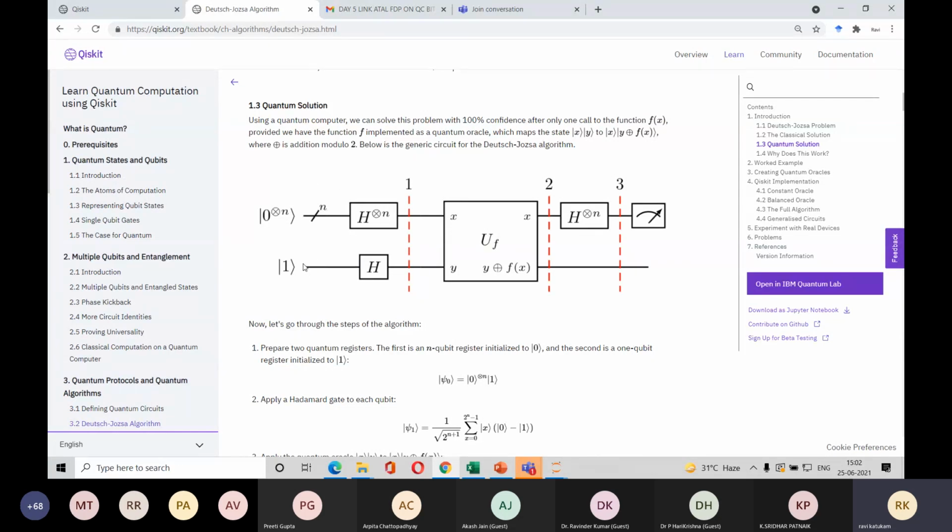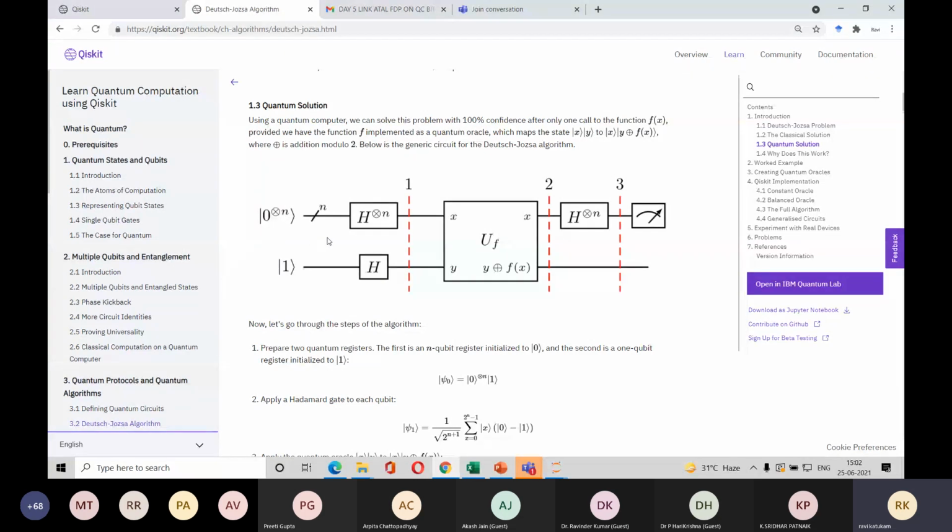Then you take one ancilla, one dummy qubit. That qubit you initialize in 1 and apply an H gate. If a qubit is initialized in 1 and you apply an H gate, what it means is you made it reach the minus state.